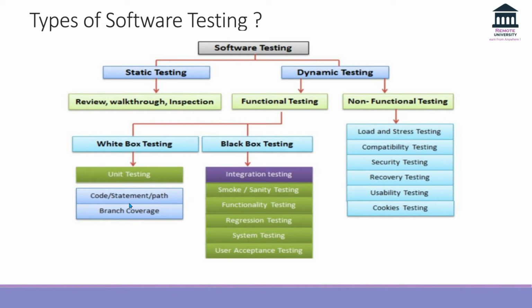Those are the two roles which have some programming skills. Whereas black box testing is purely done by a person, without any programming involved, to test the functionality of the application that we are trying to test.